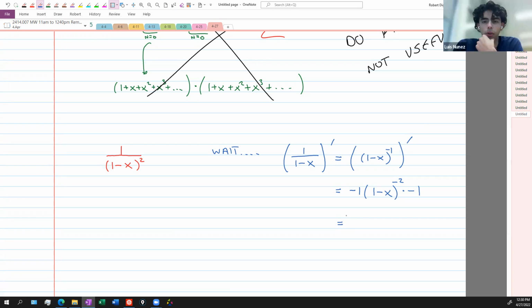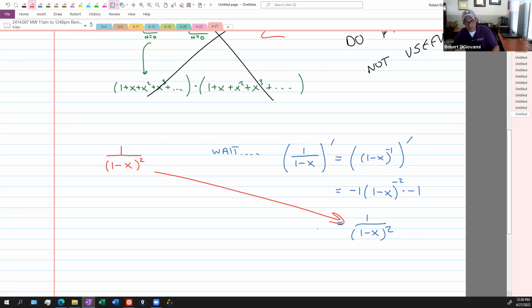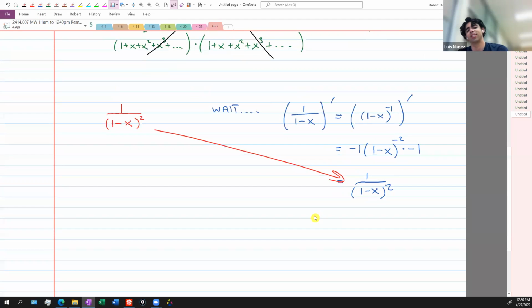It's 1 over 1 minus x squared. That's that. Yes, oh yes. So I've noticed that this right here is the derivative of this.